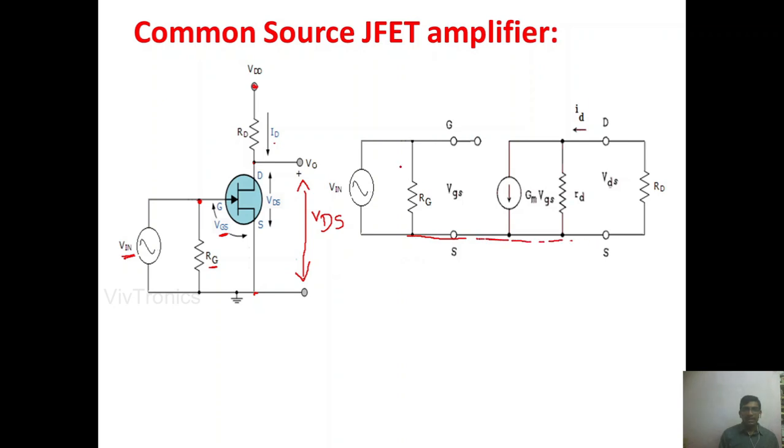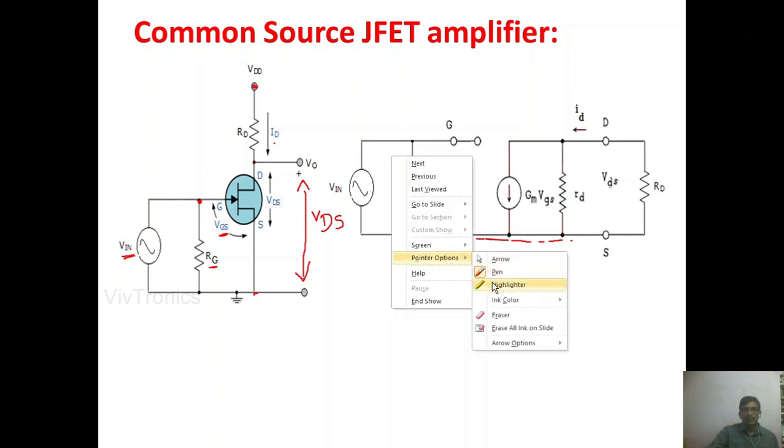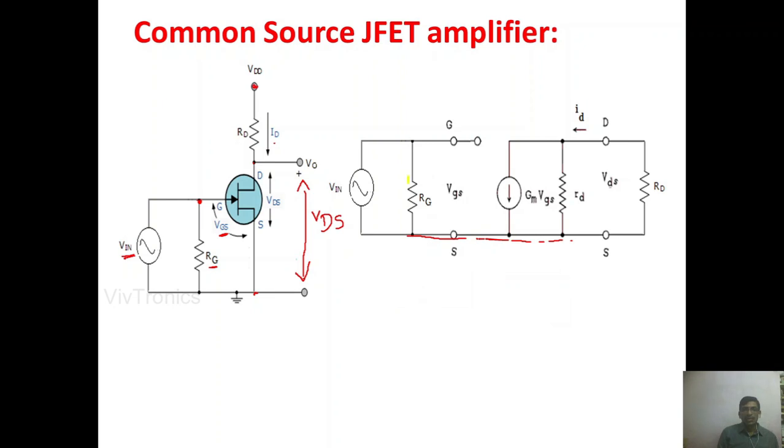The source line is the common line, and the input signal VIN is directly mentioned here. The input terminal for this amplifier is the gate, which is mentioned here. The output terminal is the drain terminal, which is mentioned here.